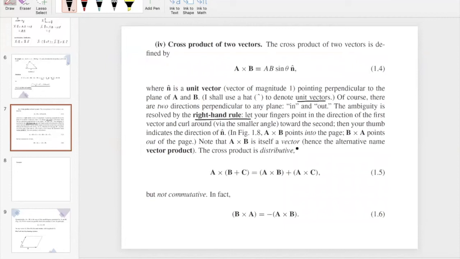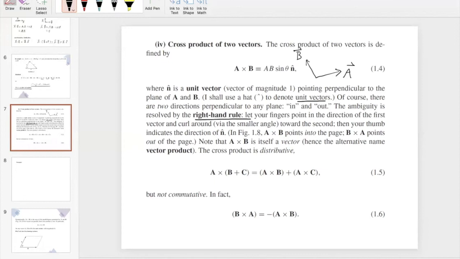Okay, anyway, let's make some examples here. Let's say A is in this direction and B is in that direction. Based on your right-hand rule, what's the direction of A cross B?